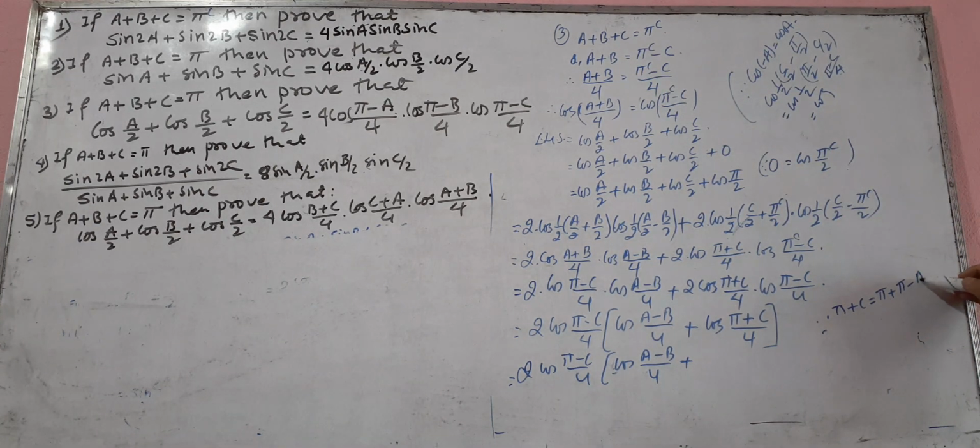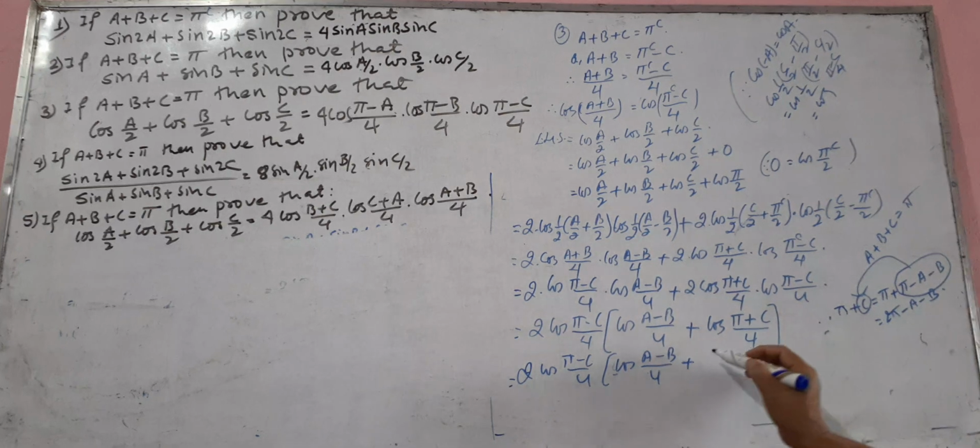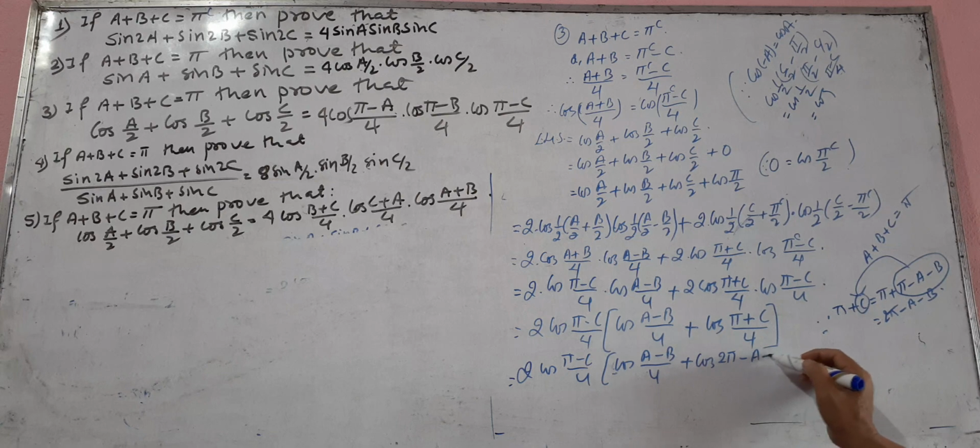Because a plus b plus c is equal to pi, c is equal to pi minus a minus b. So this becomes 2 pi minus a minus b, so you can write here cos (2 pi minus a minus b) divided by 4.